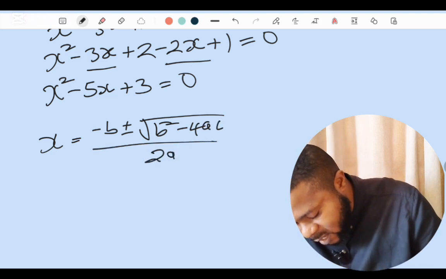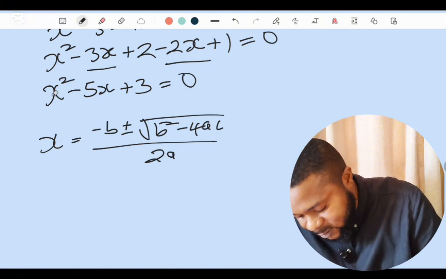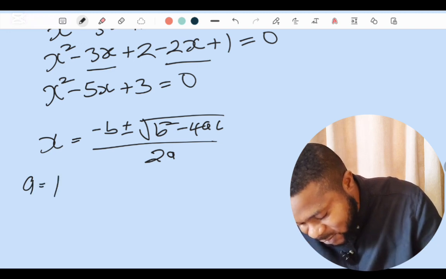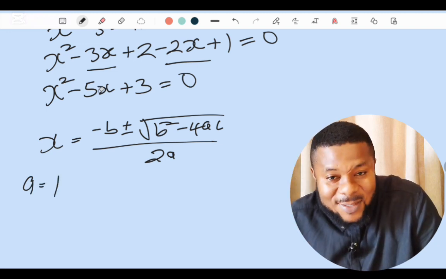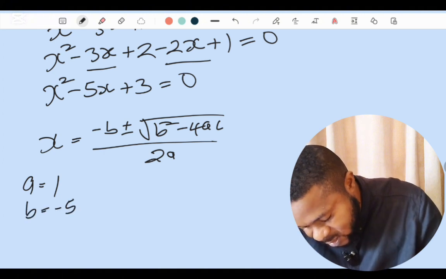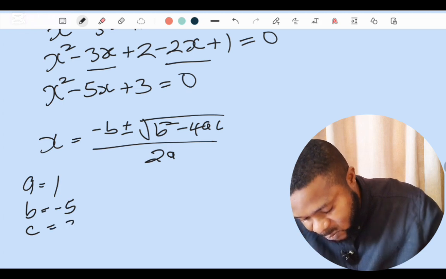Where a is the coefficient of x squared, which is 1. So a is equal to 1. b is the coefficient of x, which is minus 5. So b is minus 5. c is the constant, which is plus 3. So let's solve.